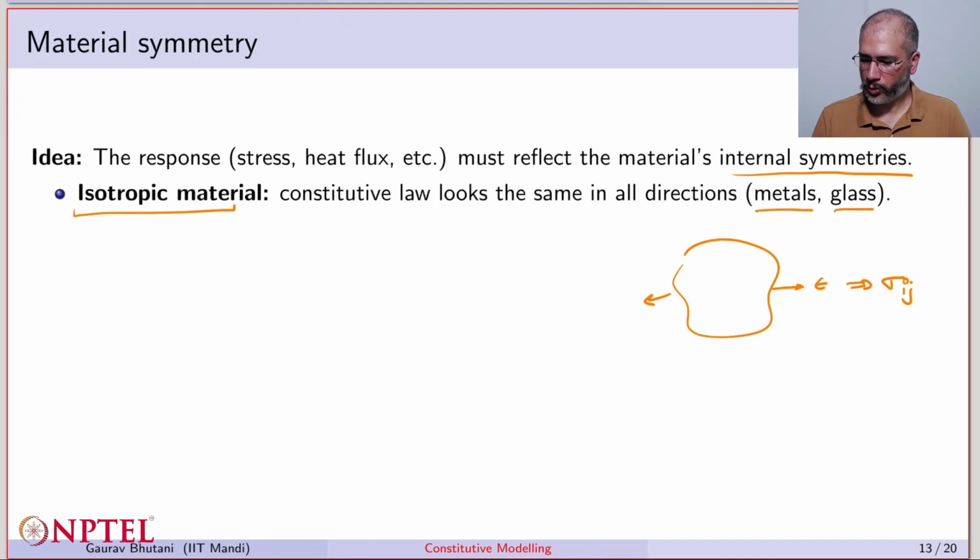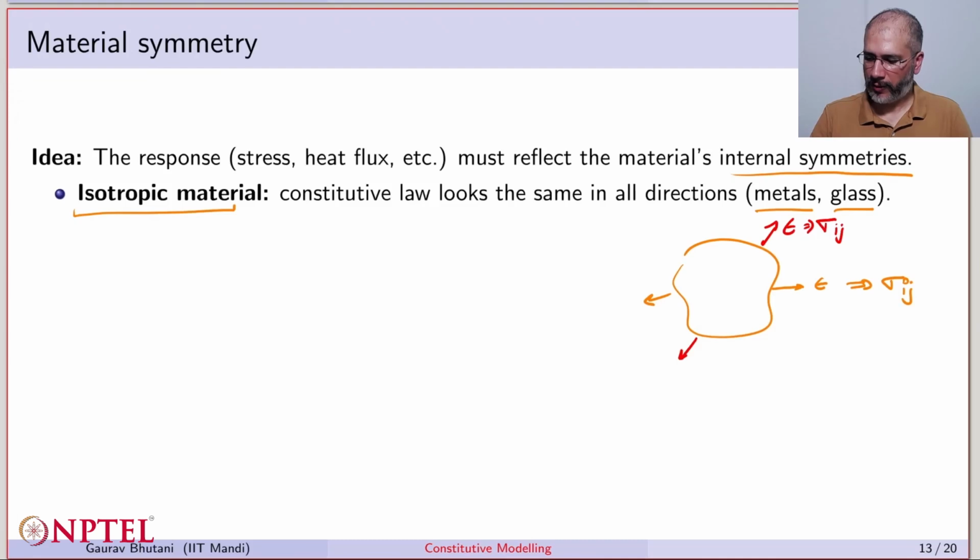Now, if I choose to apply a strain in this direction, the same strain, let us say the same longitudinal strain, then it should generate the same stress sigma_ij as a result because the material is isotropic.